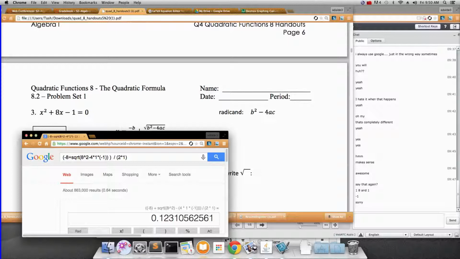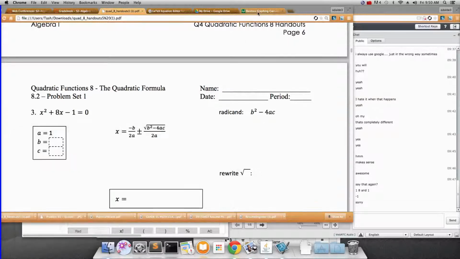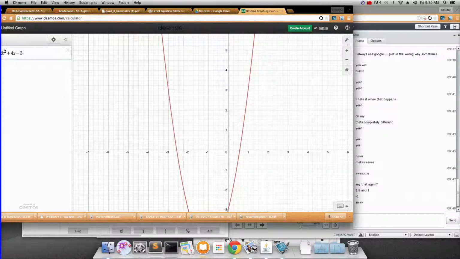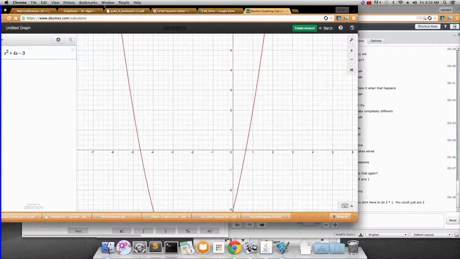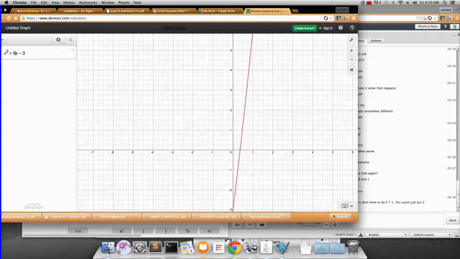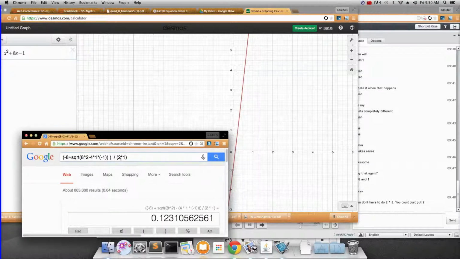And if you want to check that, you can say, okay, well, let's see. 1x squared plus 8x minus 1. Look at where it crosses at 0.123. And in this case over here, yes, technically I don't need the 2 times 1. I could just put a straight up 2.